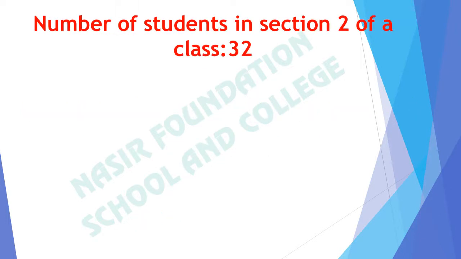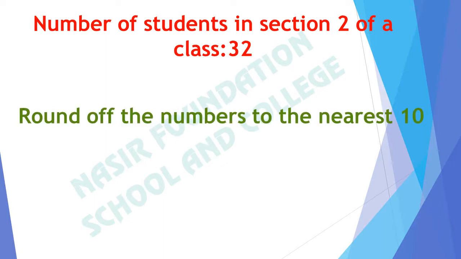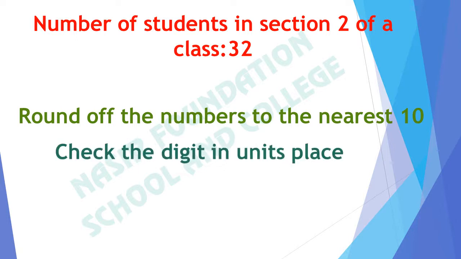Number of students in section 2 of a class is 32. First of all, we will round off this number to the nearest 10. We will consider the digit in units place. In units place there is 2. Now compare it with 5. Is it greater than 5 or less than 5?